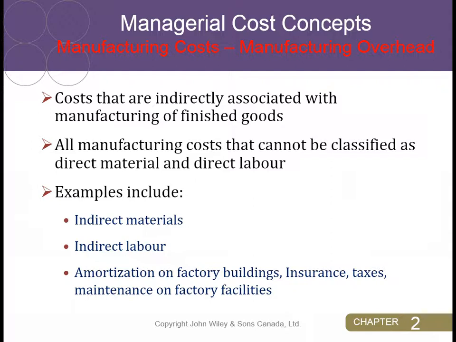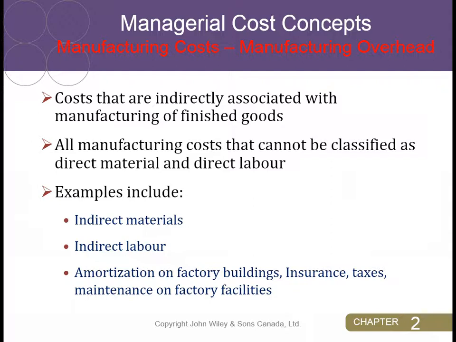Okay? Insurance on the building, property taxes, support staff, so the administrative staff up in whatever office you go to, right? They're not directly associated with delivering the course content to you and providing you your education, but they're indirectly required to provide you that service. So they would be considered indirect labor, right?